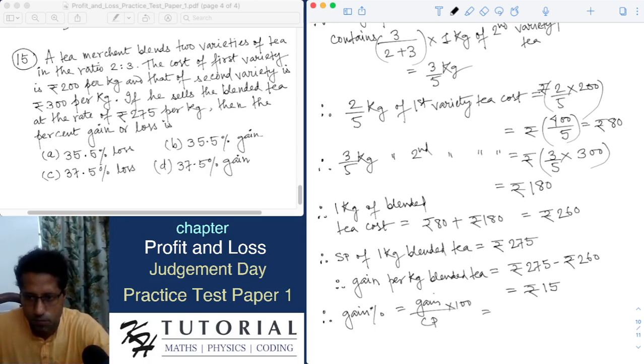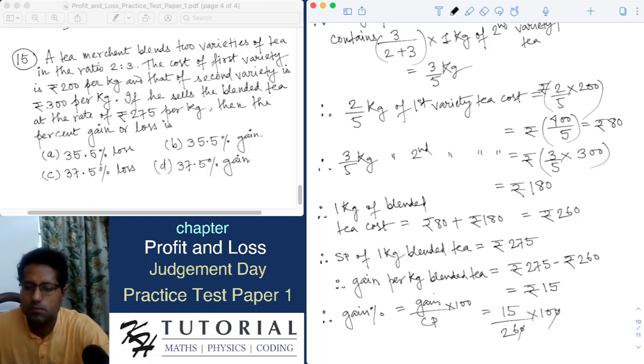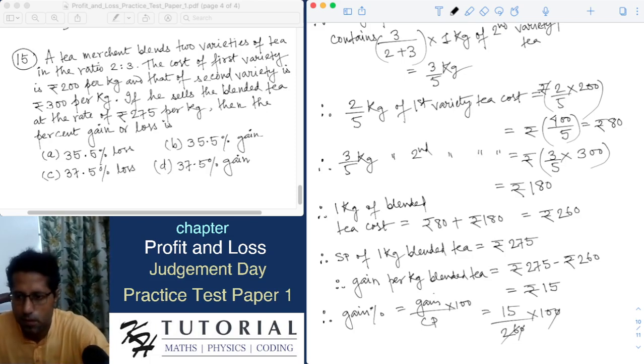The gain is rupees 15 and the cost price of 1 kg of blended tea is rupees 260, so this is 15 by 260 multiplied by 100. Okay, so how much is this?